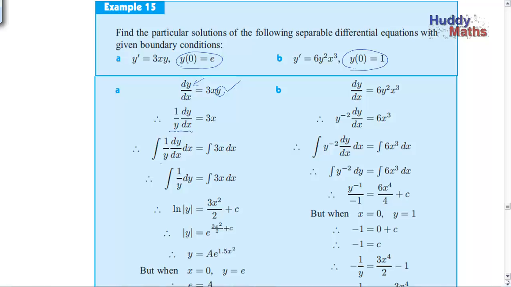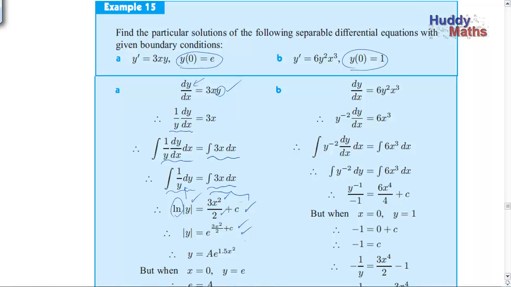So we're going to integrate both sides. This becomes the integral of 1 on y dy. So here 1 on y is ln mod y, and on the other side increase the power by 1, divide by the new power, plus c. Therefore mod y is this, alright? The log means this whole thing is the power of e, so there it is.